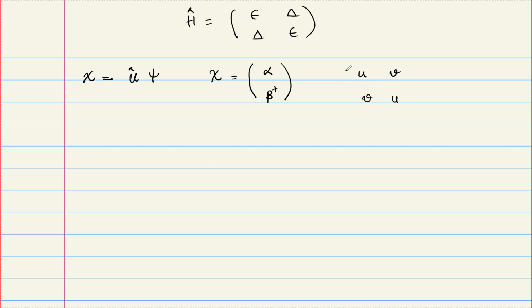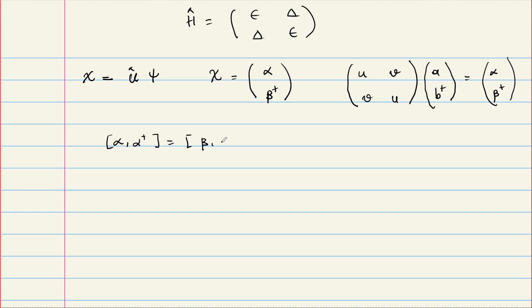U v and u v, multiplying a and b dagger is going to give me alpha beta dagger, and hopefully alpha beta dagger is going to be my Hamiltonian in diagonal form. So what I need to have is the following. I need to have alpha alpha dagger is equal to beta beta dagger is equal to a a dagger is equal to b b dagger. These are all 1, and anything else is 0.